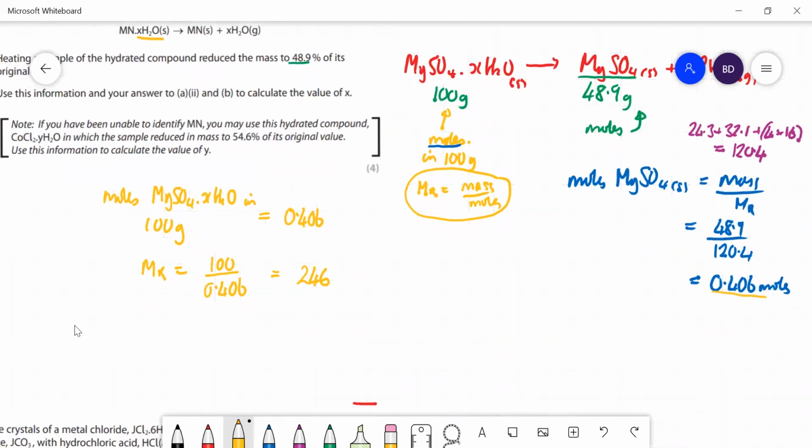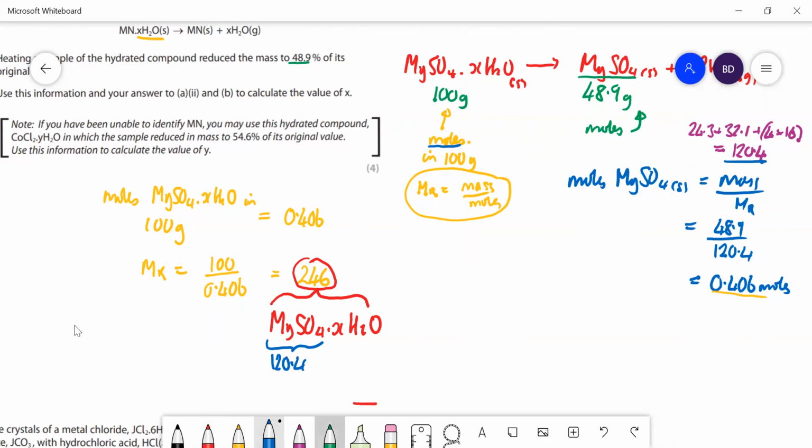Well, we've got magnesium sulfate XH2O. Right, this whole thing is 246 grams, 246, sorry. This bit we worked out before, that was 120.4. So the XH2O is going to be 246 minus 120.4, which gives us 125.8.